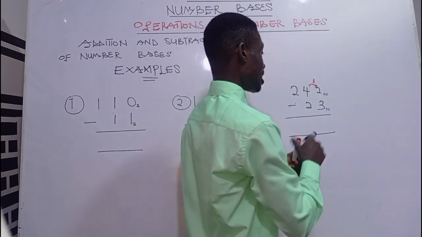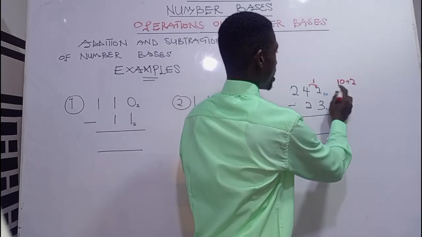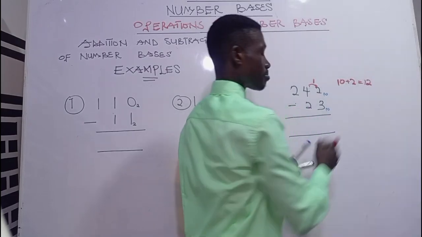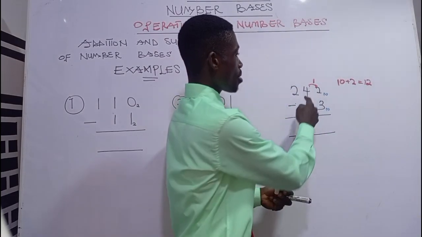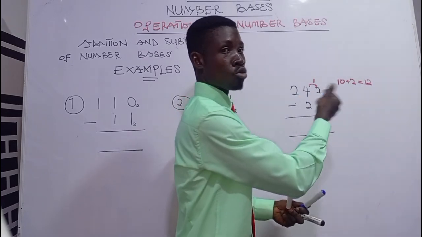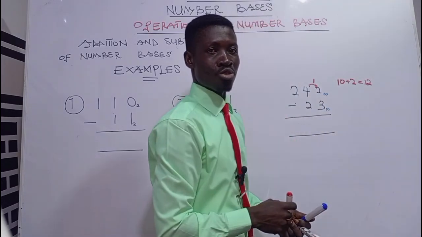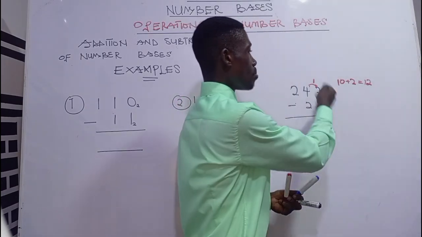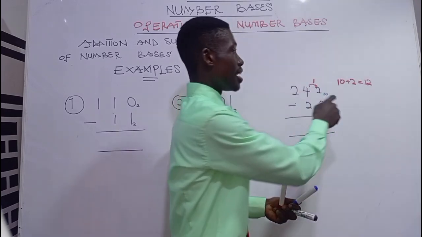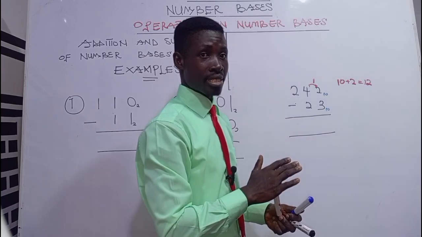So that is why we have 10 plus 2, and this gives us what? 12. So you see that when you borrow 1 from the 4 to the 2, we get what? 12. Not necessarily that we are adding the 1 to the 12, but the one that we borrowed is in base 10, and then 10 plus 2 gives us 12. Are you getting the clue?